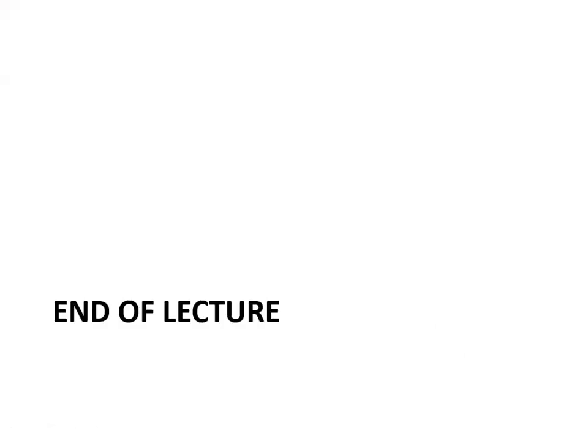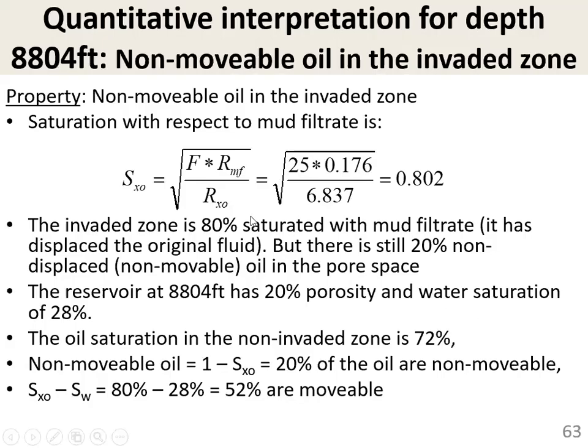And the final thing is to get the non-movable oil in the invaded zone. For here, you use Archie's formula, but apply it to the flush zone. So that is done. Formation factor still remains the same.